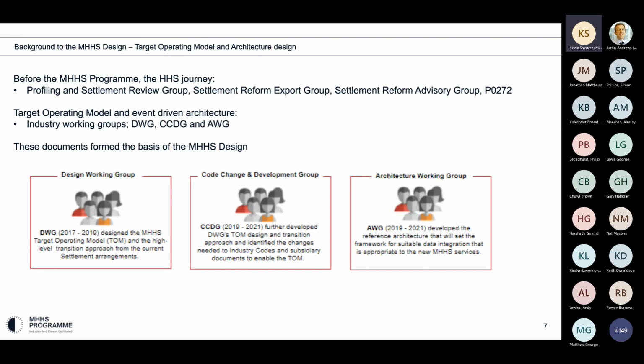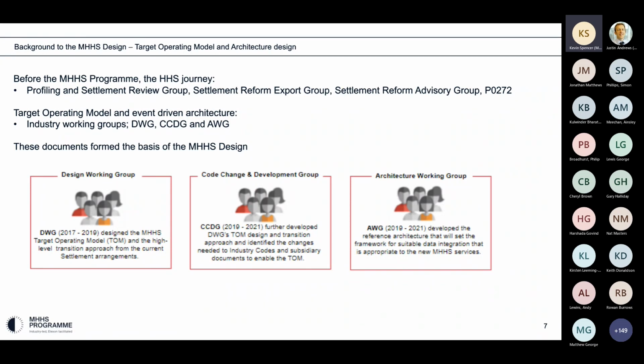That group broke down all the processes required to settle metering systems half-hourly, and then they built up those processes into 5 different options, 5 different target operating models. Those operating models were then evaluated and assessed until they finalised their recommendation for the target operating model, and that went to Elexon for approval, and that was the preferred target operating model.